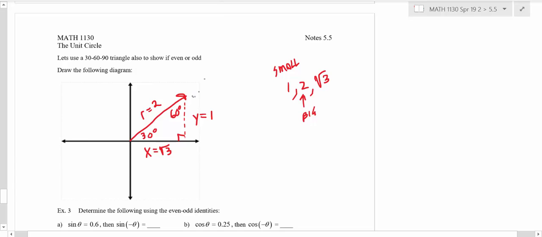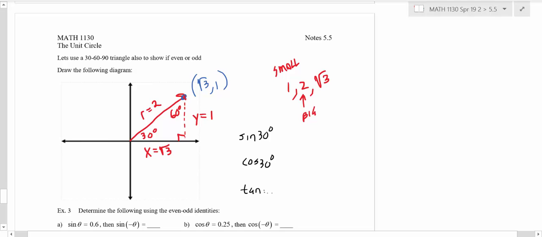So in this diagram you would have a point with an x value of root 3 and a y value of 1. You're going over root 3 and up 1. I'm just going to show this to you real quick. It's just kind of a diagram. Let's do the sine of 30. Let's do the cosine of 30.